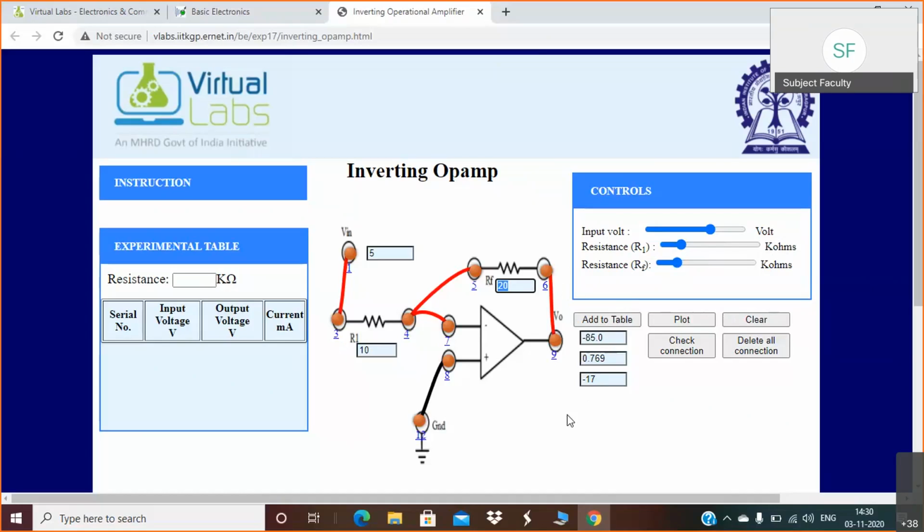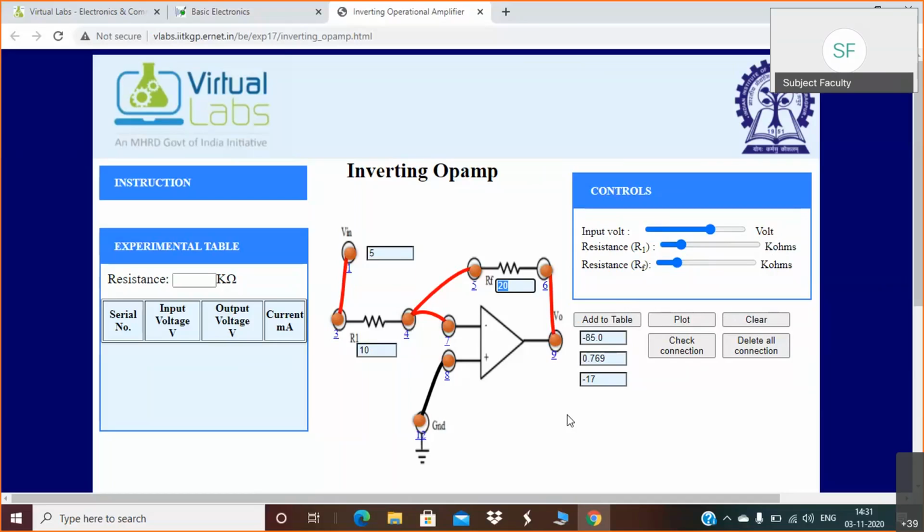Now tell me, what is the formula for the gain of an inverting op amp? Can anyone tell me? 1 plus RF upon Rin. Actually that is for non-inverting.